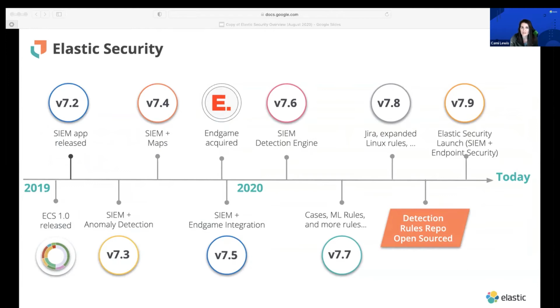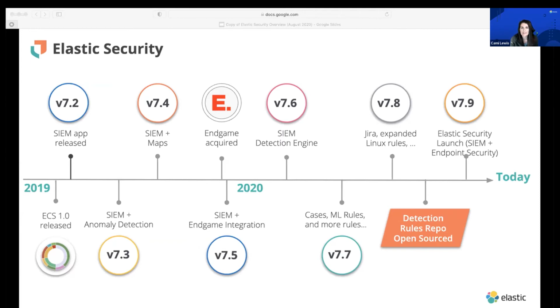And then we also added Endpoint Security functionality when we acquired Endgame. So it is now a single user interface that allows you to manage security events from various log sources and data types. It also comes with protections that are built in. We added a detection engine. We added a lot of out-of-the-box content.